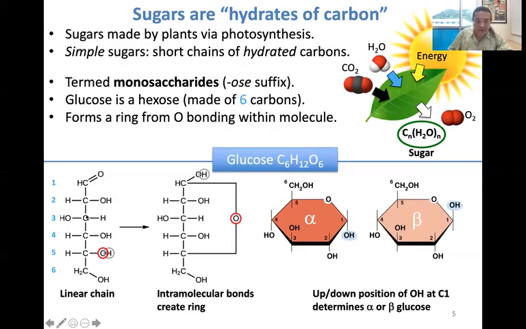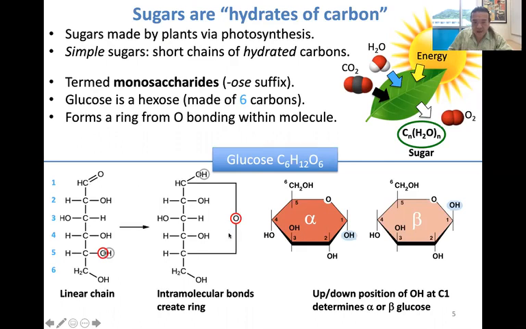Here you can see it as a linear chain, where you have the 6 carbons, carbon 1 through carbon 6. But typically, the way that we think about glucose is not in its linear form, because this oxygen group over here very happily reacts with this carbon at C1.